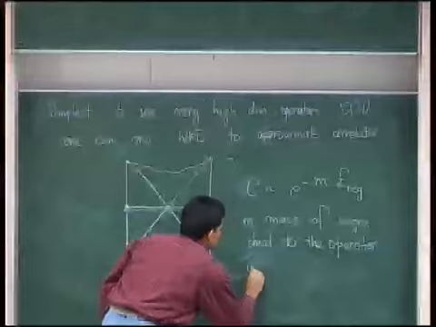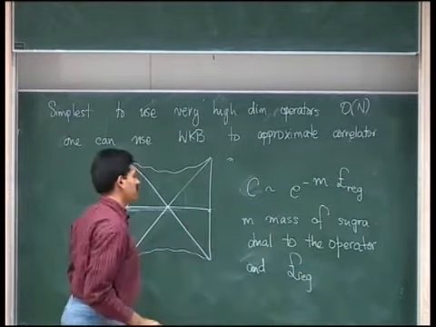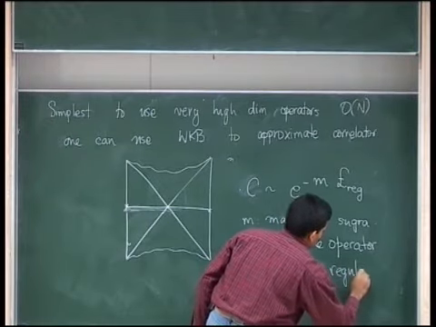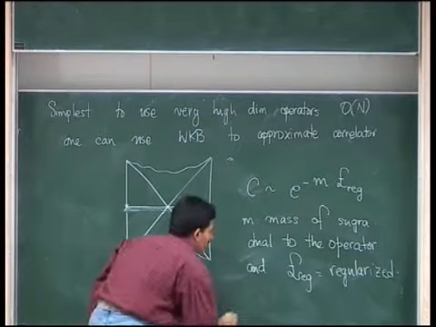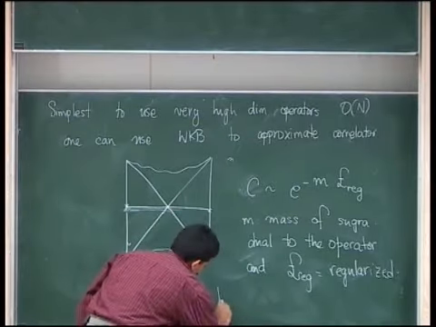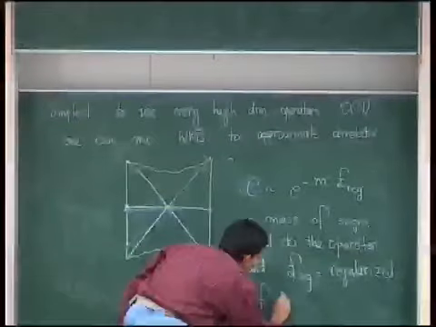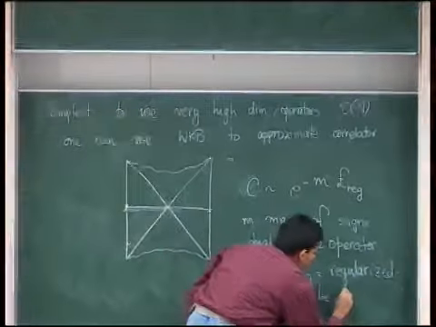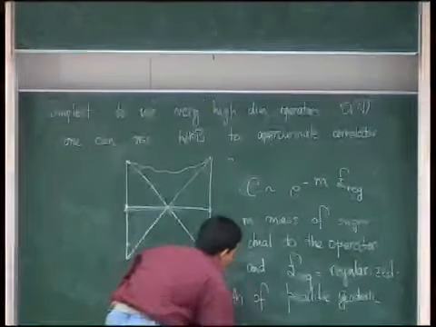and this quantity L reg is a properly regularized length of a space-like geodesic connecting the two points.